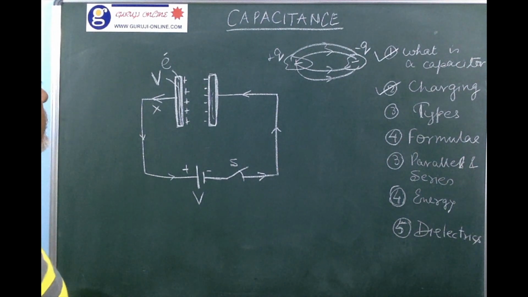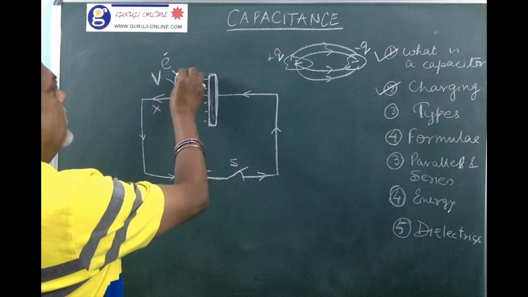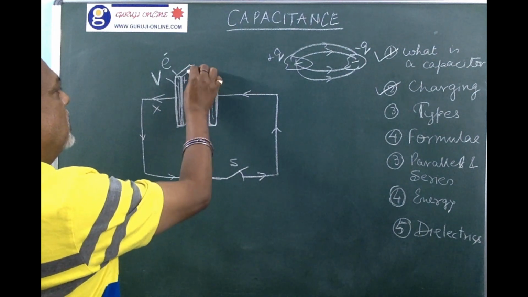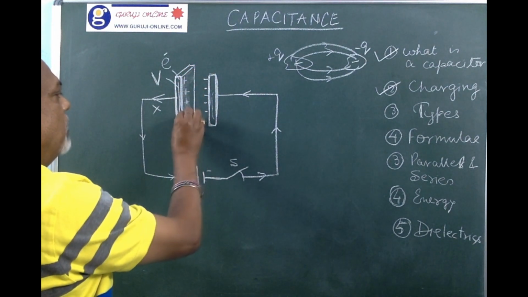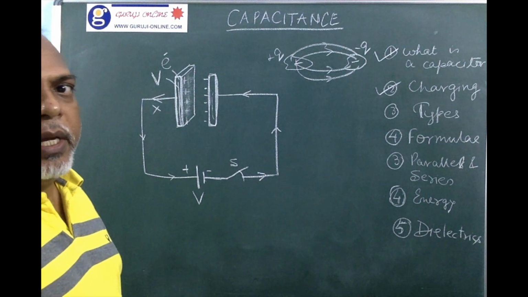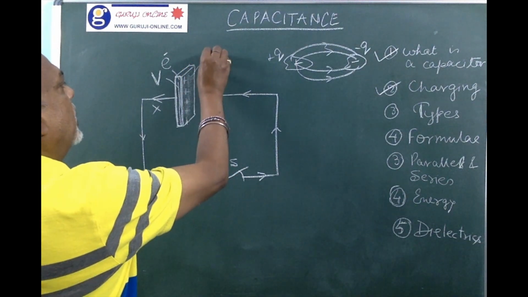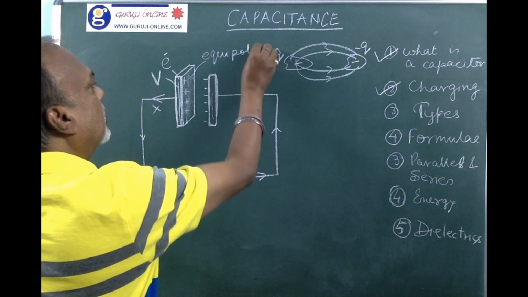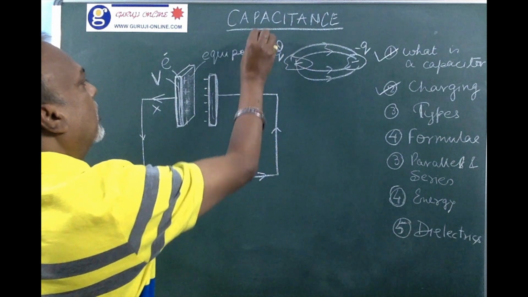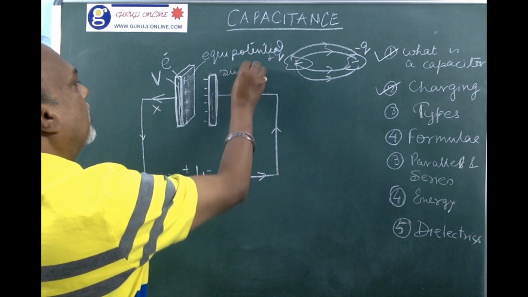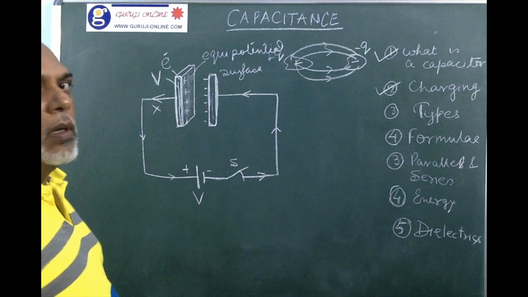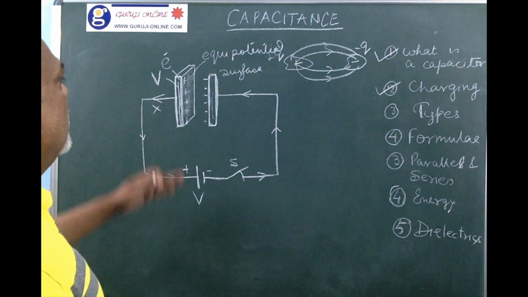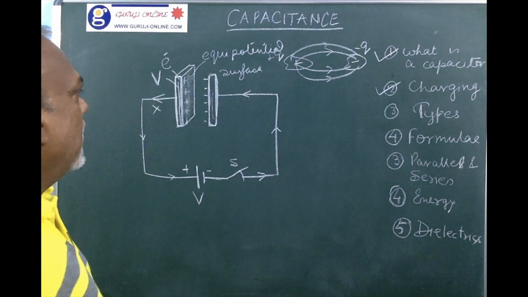If you enlarge this plate like this, this surface will basically be an equipotential surface, because everywhere the voltage is the same.